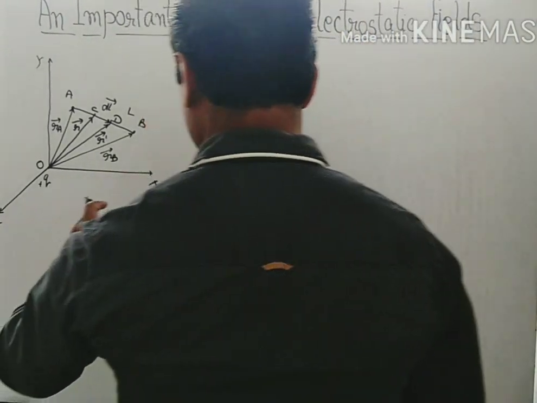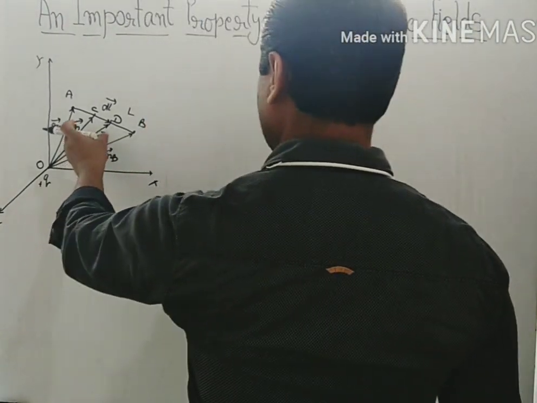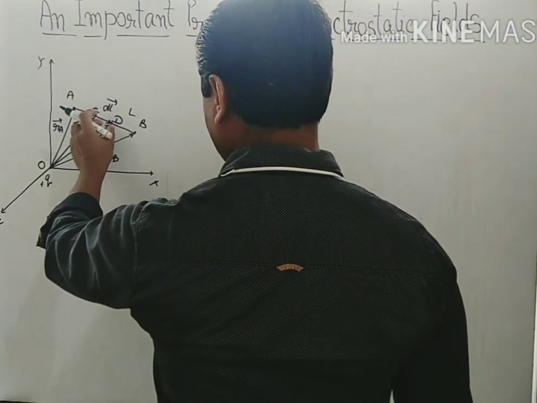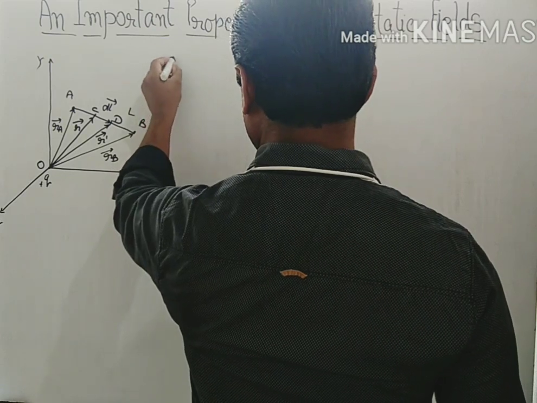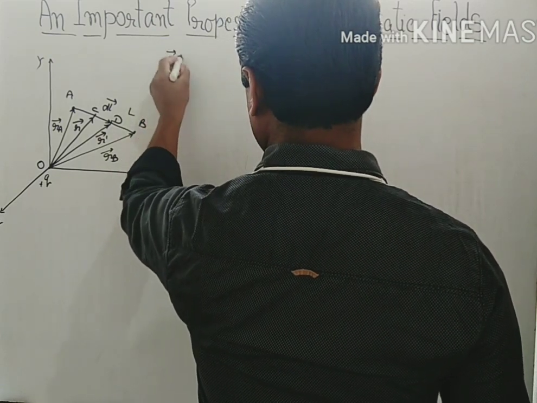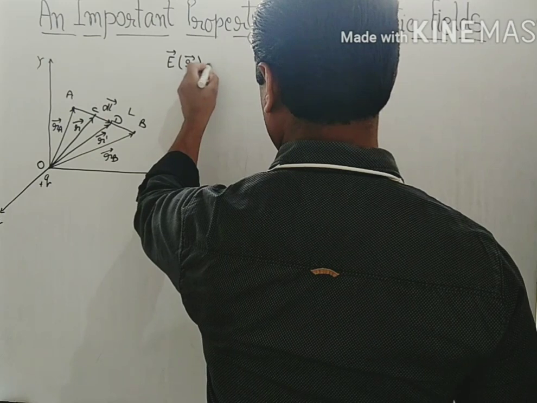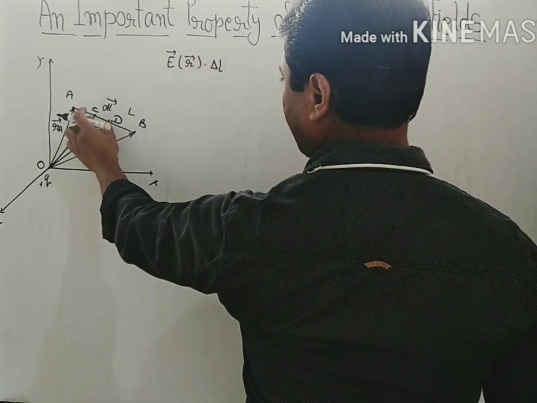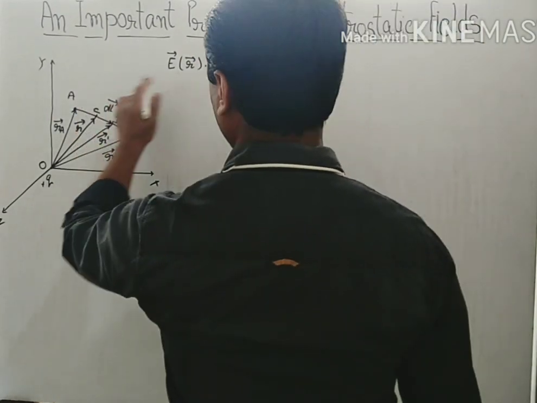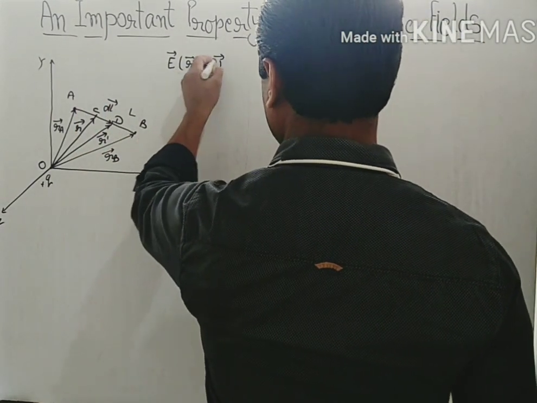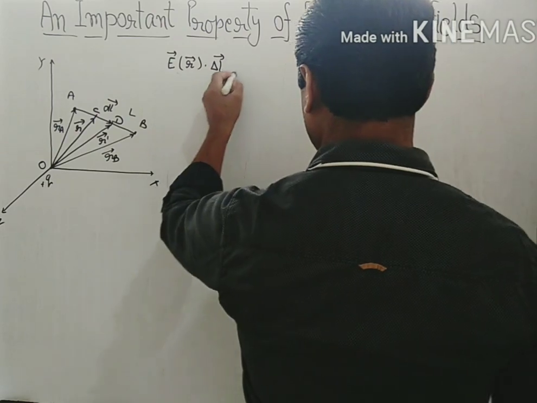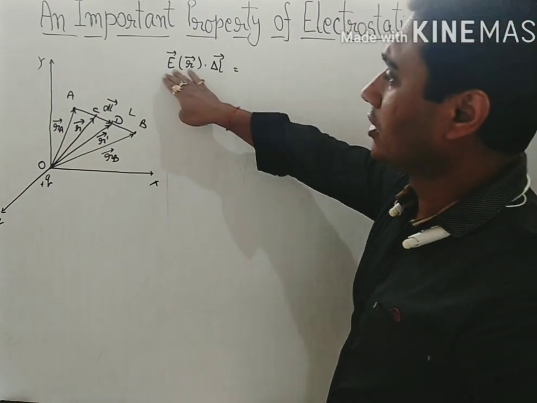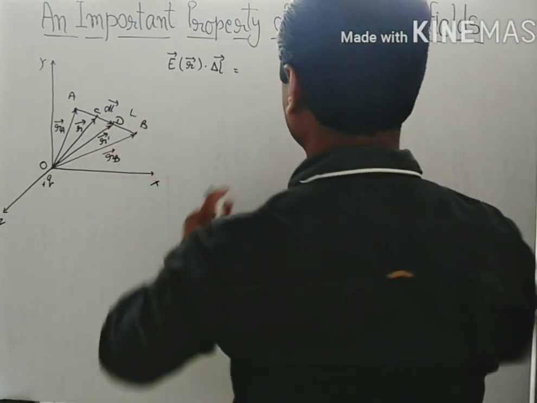Now what do we do? We just calculate E dot dl along this path. So vector E as a function of vector r, dot vector dl over this small segment, dot delta L, which equals, now just place the value of the electrostatic field at this point.